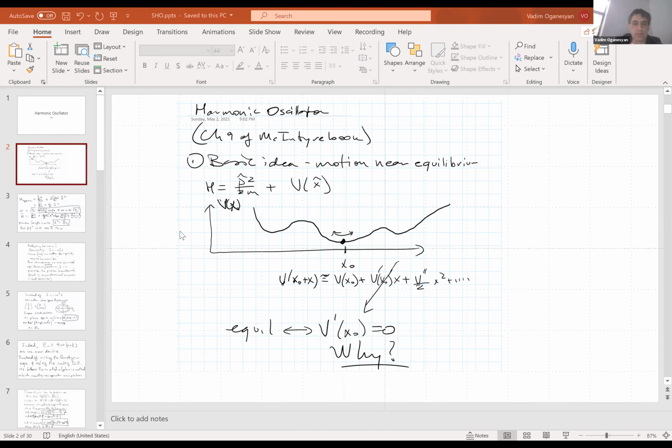The question is, why is being at equilibrium equivalent physically and mathematically to finding a point where the derivative of the potential vanishes? Why is equilibrium equal to V prime equal to 0?